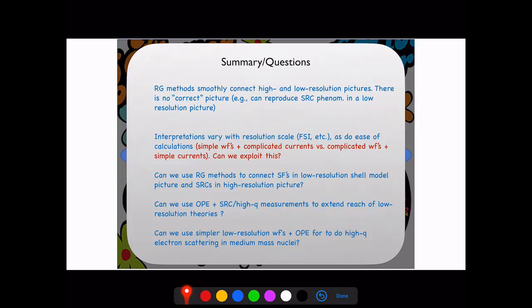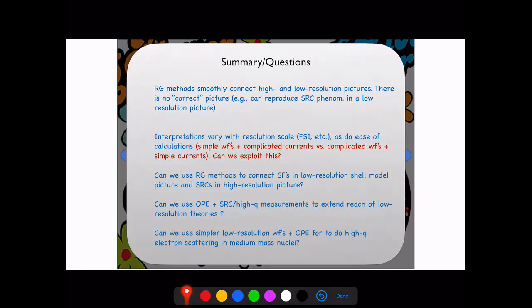Then if you wanted to use that information in an actual nuclear structure calculation, you could still proceed using your comfortable low resolution Hamiltonians with operators that have been suitably corrected. But to make use of this, from the high Q experiments you have to be able to infer or construct a high resolution model that has that new physics in it, that I can then take and RG down. I don't know if that makes sense.